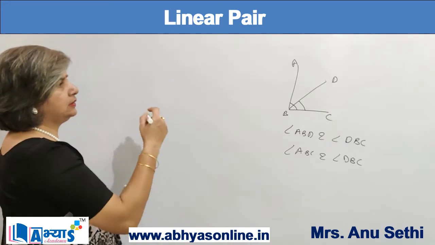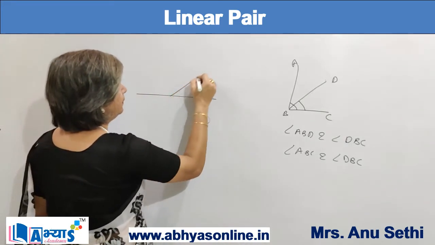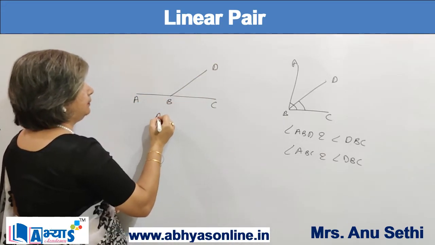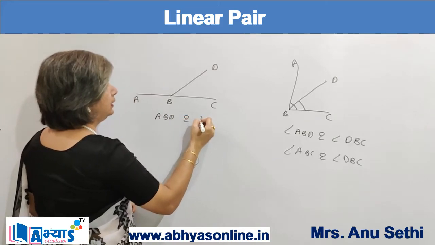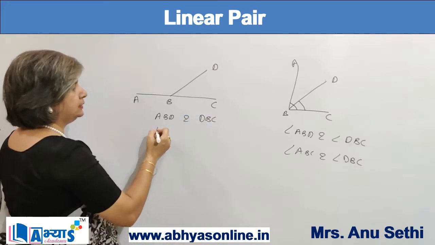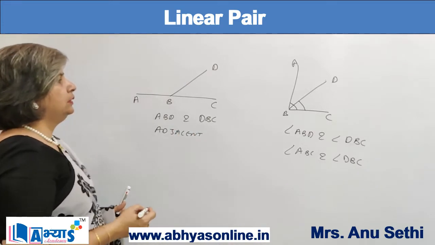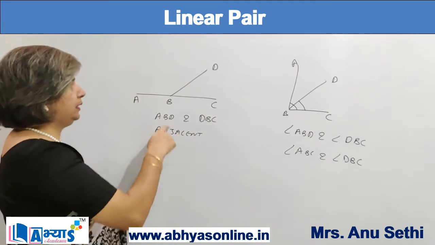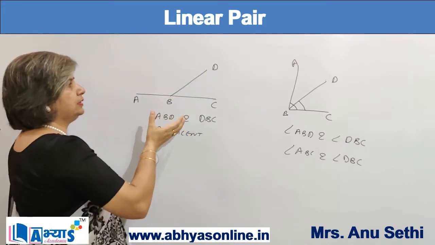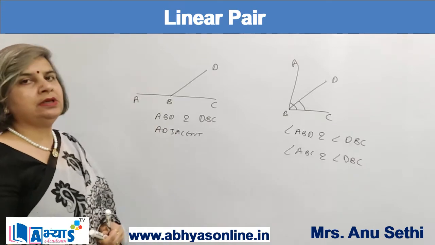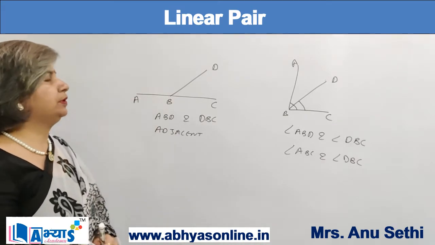But suppose this is the situation: we have angle ABD and angle DBC. They are adjacent angles because they have a common vertex B, a common arm BD, and one arm AB and the other arm BC are on the opposite sides of BD, so they qualify all the properties of adjacent angles.